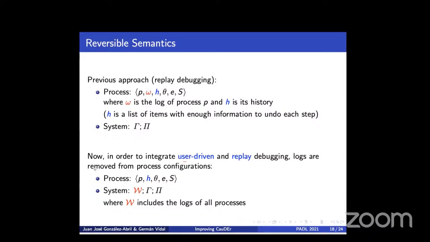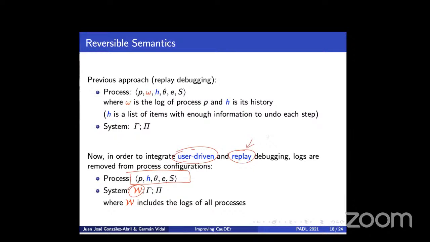In this work, we have slightly changed these definitions. Now a process is defined in this way: we only have a history, but we don't have a log. So the logs are now a global parameter of a system. This change was required in order to integrate the two approaches to reversible debugging: the user-driven approach, where it's the user that decides what is the next action in a forward computation, and the replay approach, where the next action is determined by the log of a previous computation.